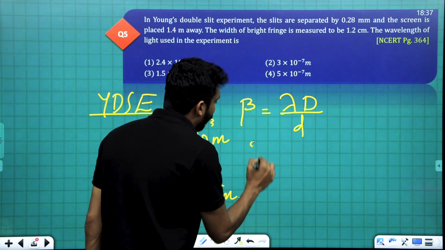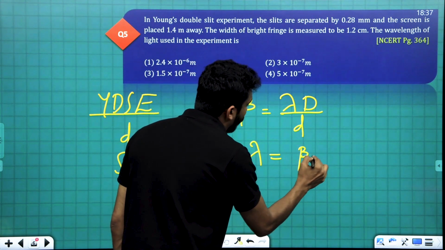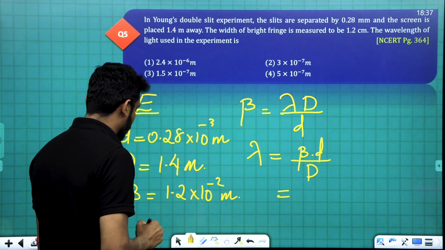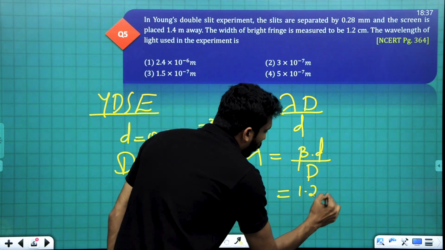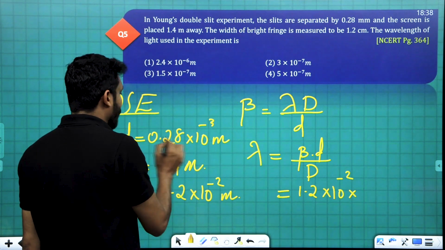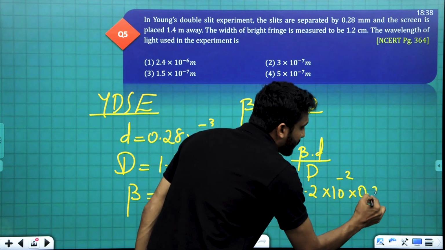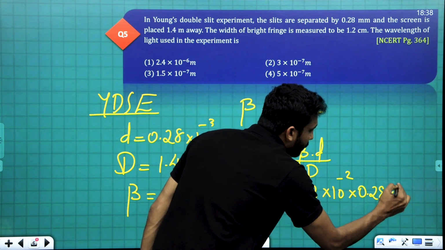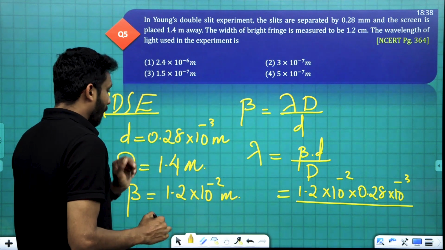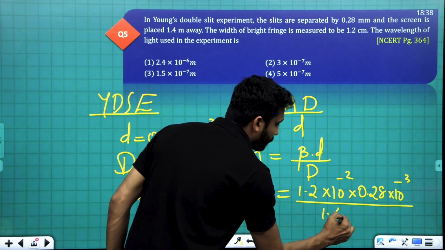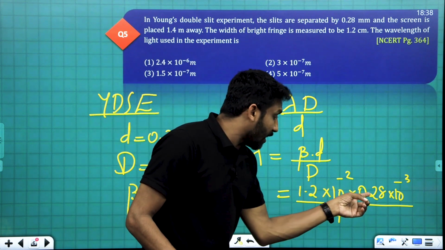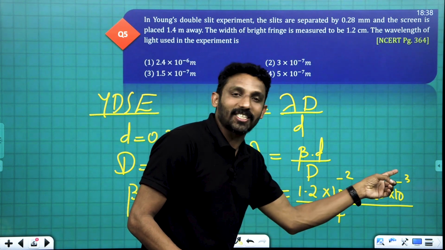Then lambda is equal to beta into d divided by D. Directly, 1.2 into 10 power minus 2 into 0.28 into 10 power minus 3 divided by 1.4. This one we can write as 2.8 into 10 power minus 4.